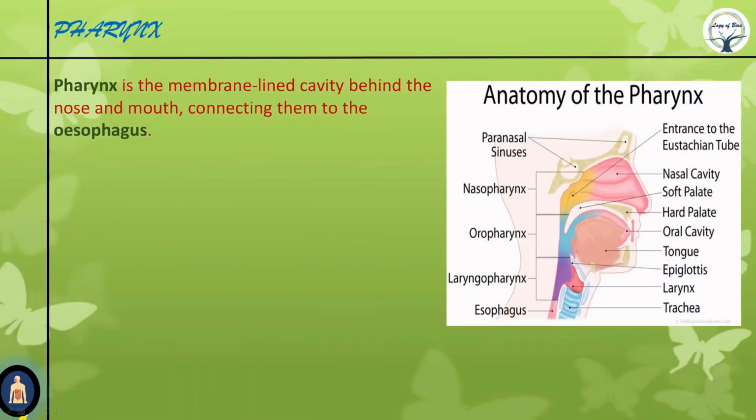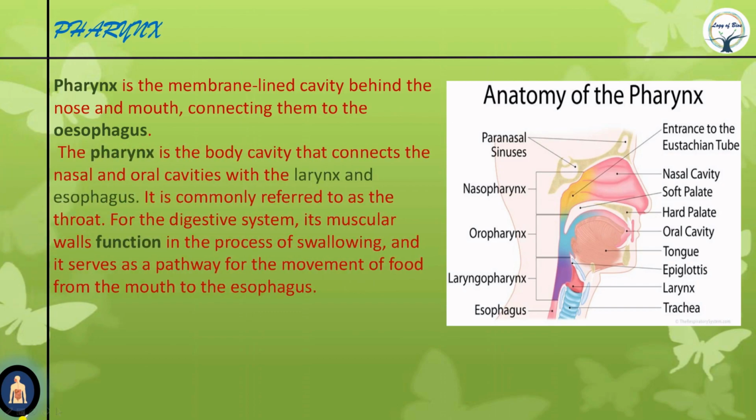Now the next part is the pharynx. Pharynx is the membrane-lined cavity behind the nose and the mouth. It connects the nose with the mouth. Pharynx is commonly referred to as the throat, and it is the common passage for both food as well as air.